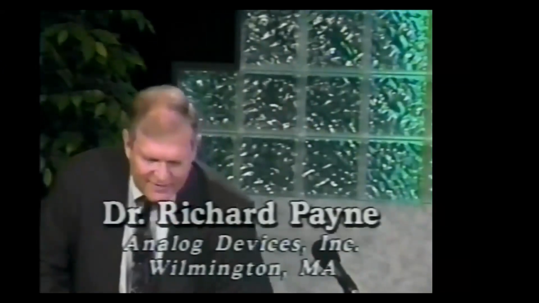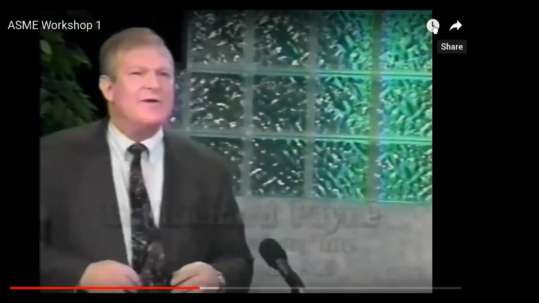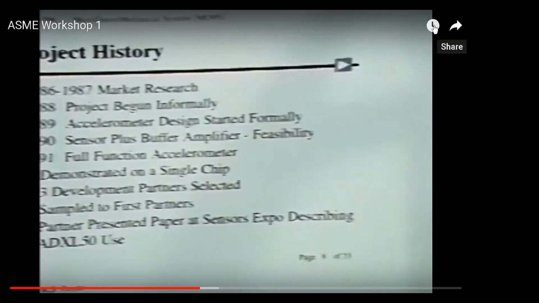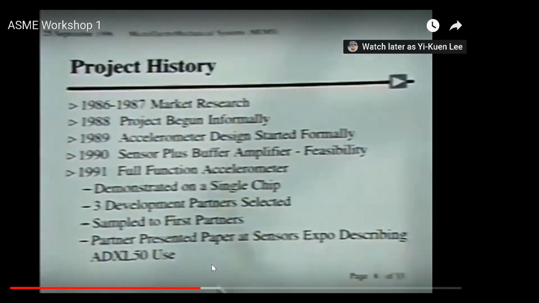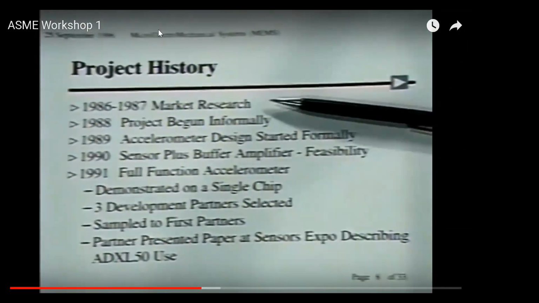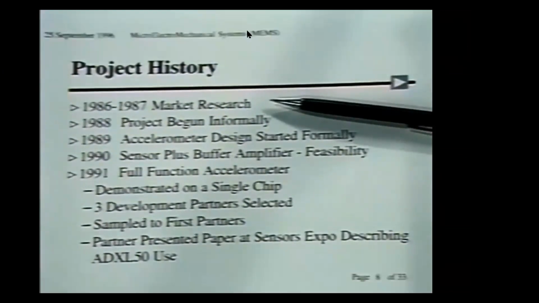Since what CJ had asked for was a case history, I figured I'd give you the case history fairly explicitly. This project really began with a sensor that was in manufacture in the early 80s at Analog Devices, which did very well. It was an integrated circuit temperature sensor.